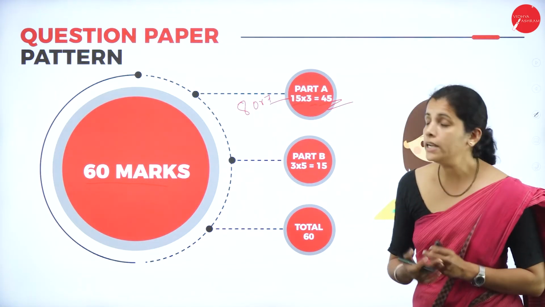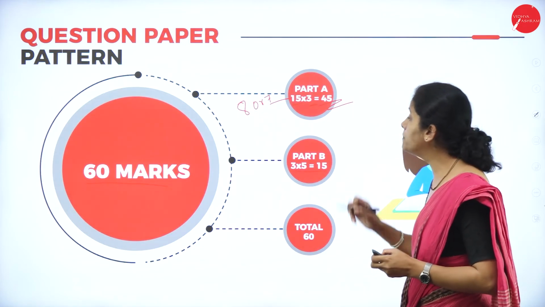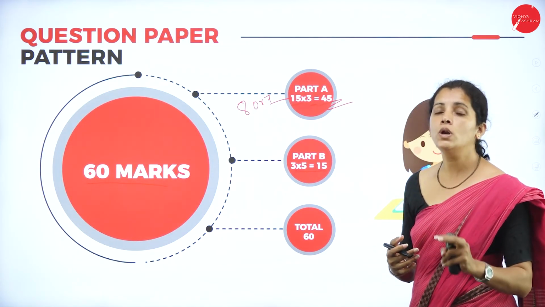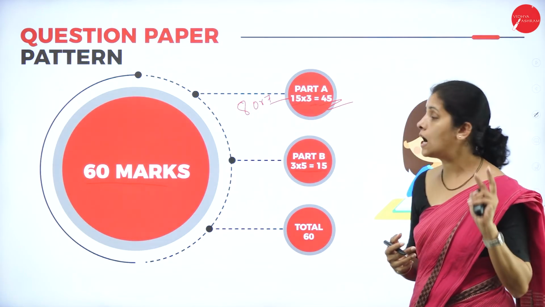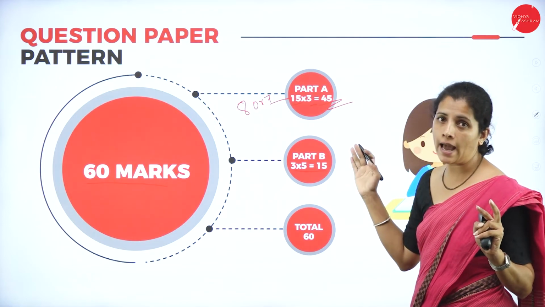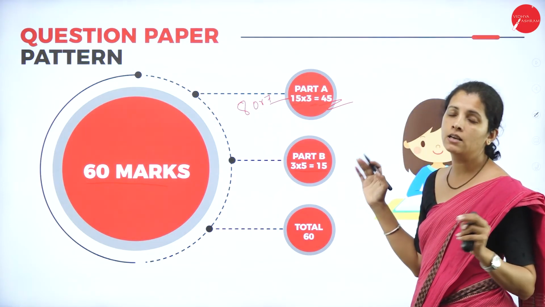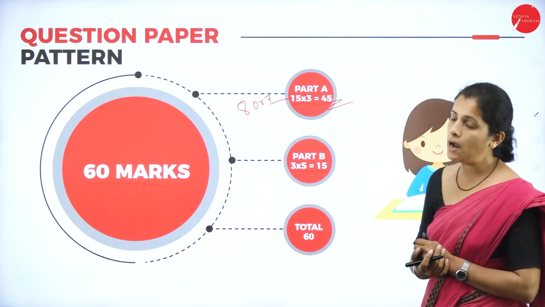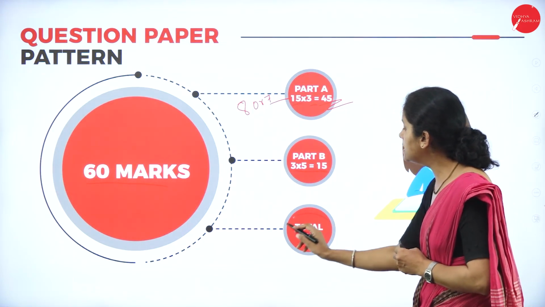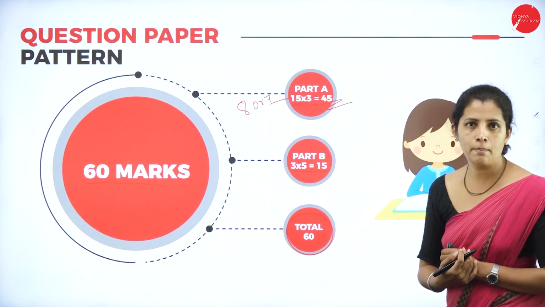So, dear student, if I go with part B, here I want you to attend only 3 questions under part B, and each question carries 5 marks. So it is 15 marks. So here 15 plus 45 is a total of 60 marks.